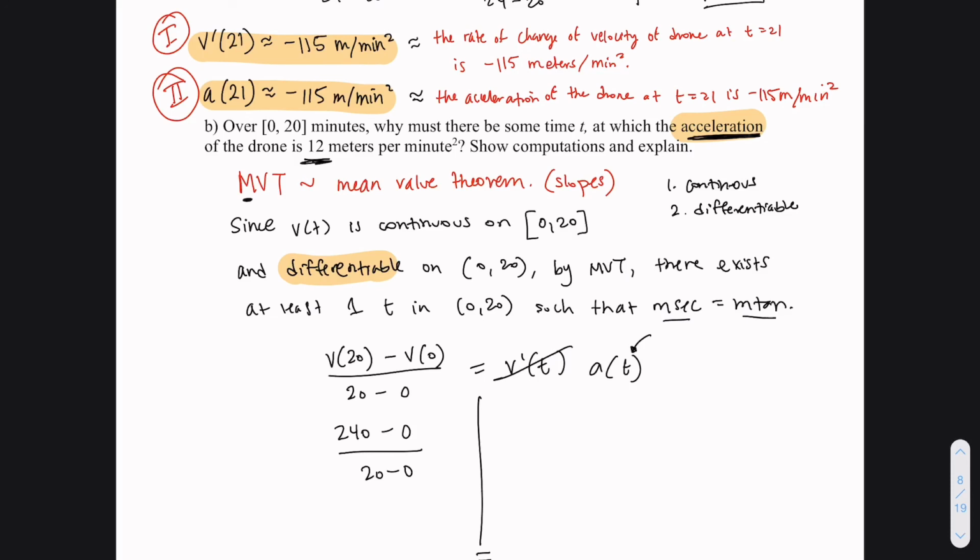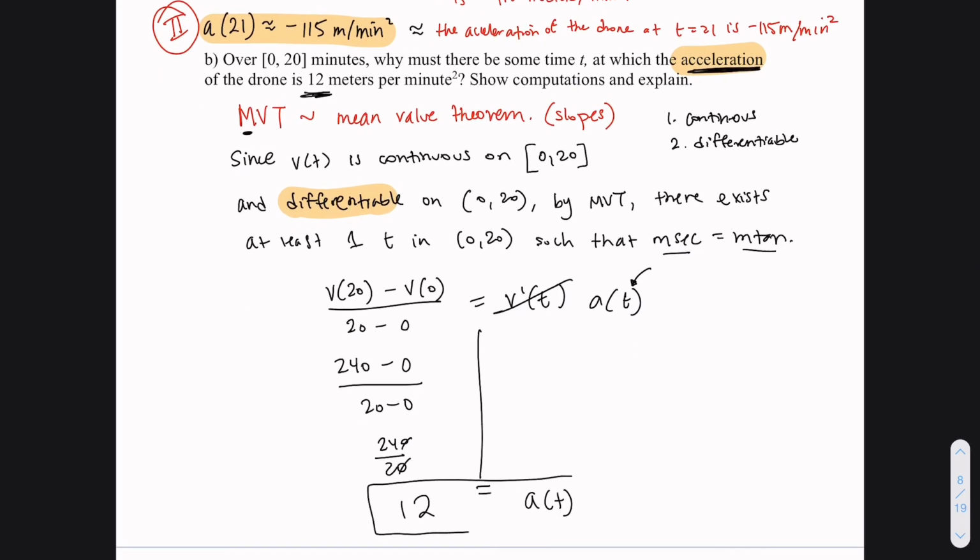So that's 240 over 20, which is indeed 12. And so we've proved it, that there is some time between 0 and 20 where the acceleration is 12. How do we know? Because from 0 to 20, the average slope, the slope of the secant line, was 12. So we know somewhere along there, the slope of the tangent line also equals 12.